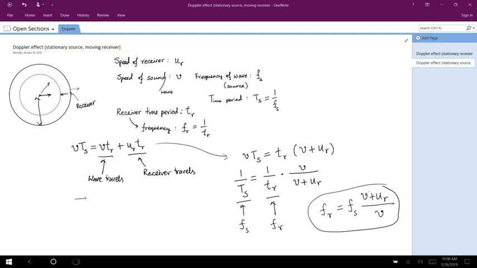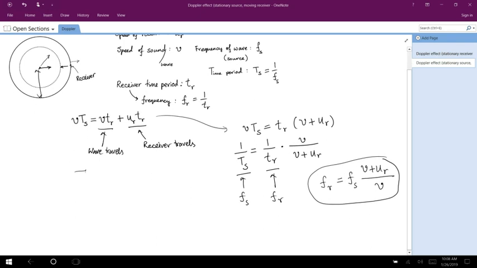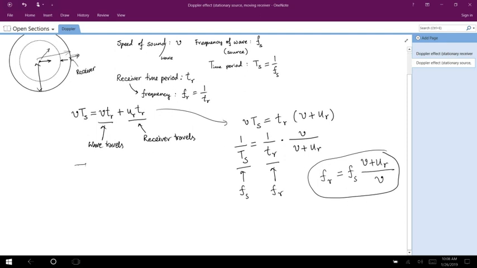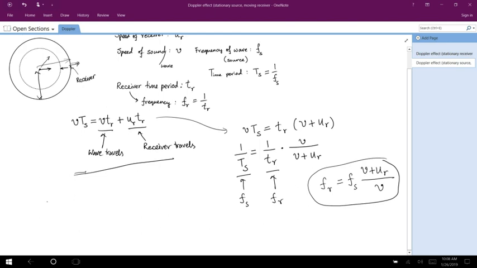Now, if the receiver and the sound wave are moving in the same direction, meaning the receiver is moving away from the source, so that the sound wave is also moving in the same direction as the receiver, then this relationship changes a little bit. In that case, we will have V TS must be equal to V TR minus UR TR.